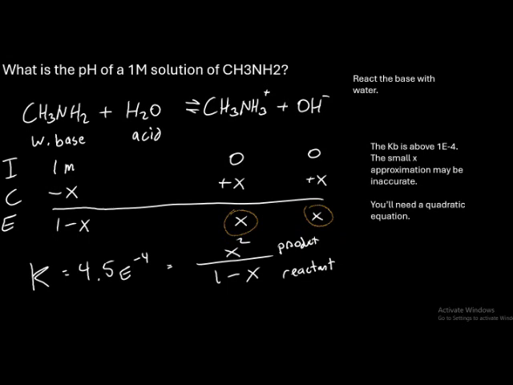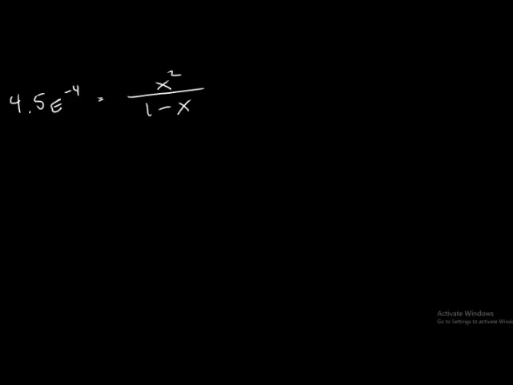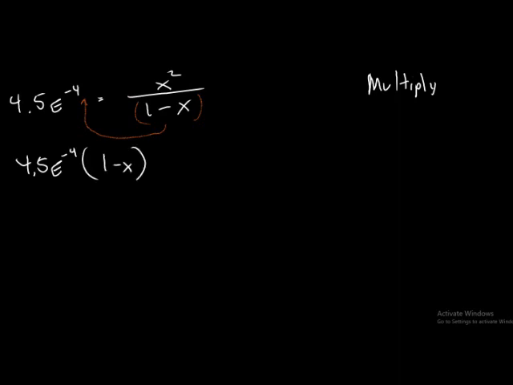Now this equation is not in standard quadratic form, so we'll need to do some algebra and reorganize it. Our first move will be to take the binomial 1 minus x on the bottom and move it over to the left side by multiplying. We'll end up with 4.5 times 10 to the negative 4th power times 1 minus x equals x squared.